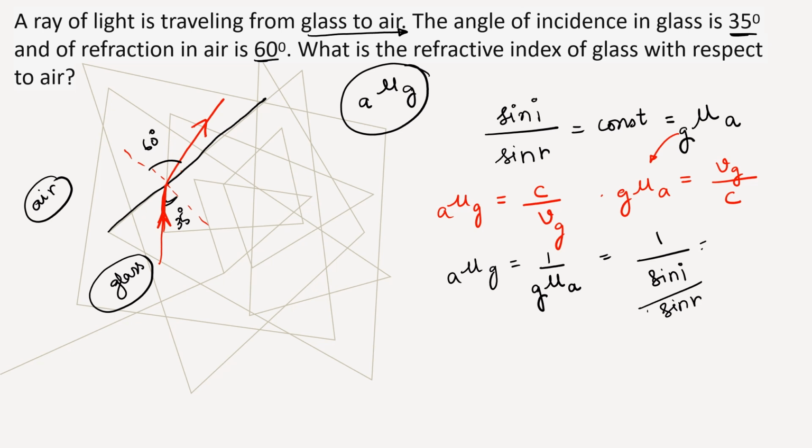Now the denominator goes to the numerator, sin r by sin I. Remember this result. This result is important. Now let's put the values. All the values are given over there. Let's put them. So what are we going to get?